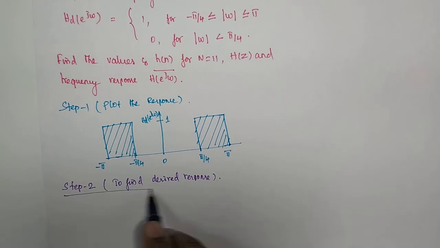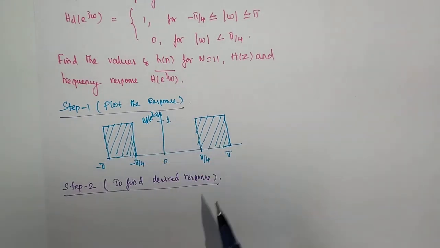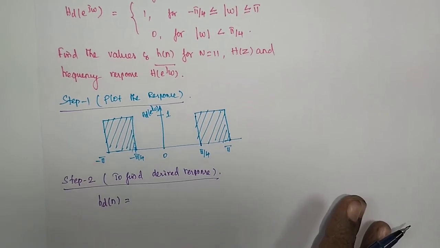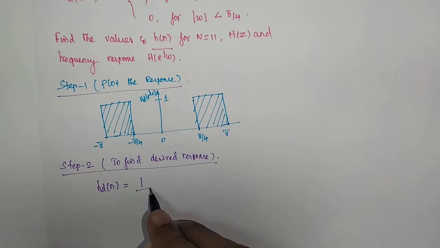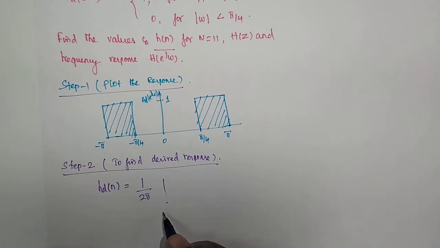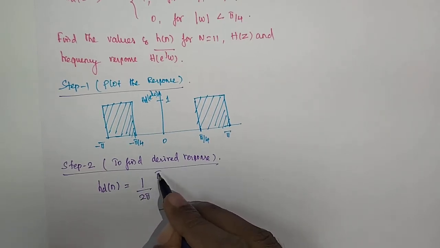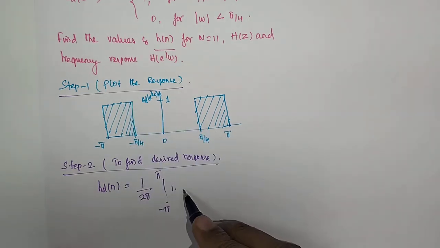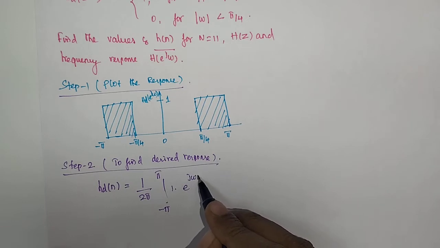So you know the relation to find the desired response, that is HD of n is equal to, by using the Fourier series, 1 by 2 pi integral from minus pi to plus pi of HD of e power j omega, whose value is 1, times e power j omega n d omega.